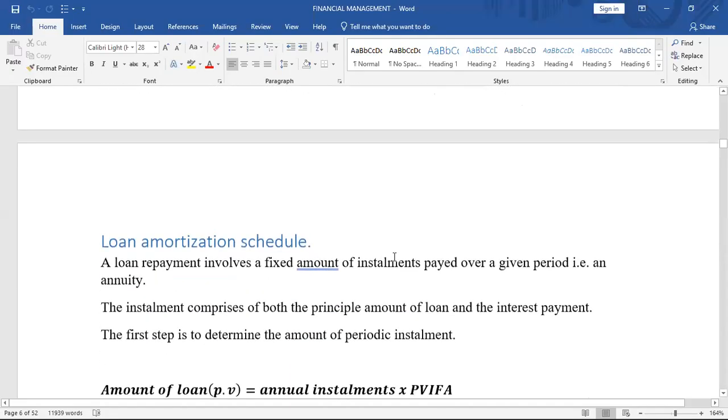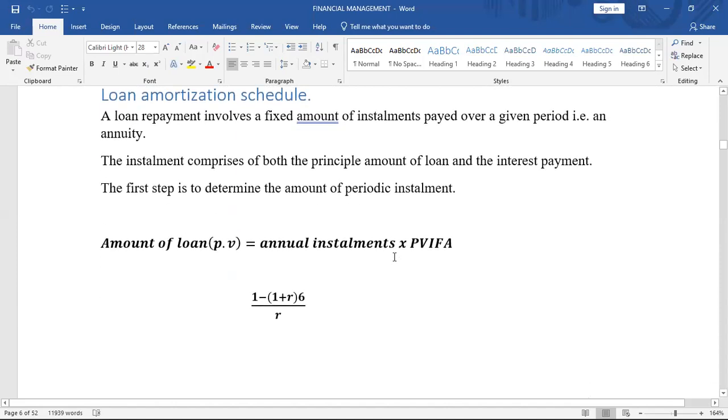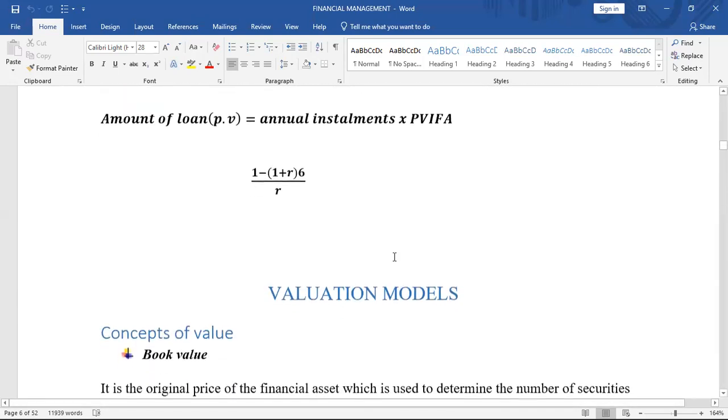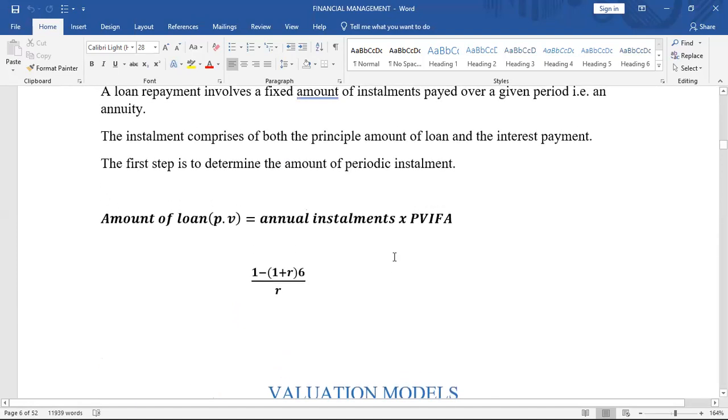So from there, I just want to look at the loan amortization schedule. We have said a loan repayment involves a fixed amount of installment payable over a given period. That is an annuity. The installment comprises both the principal amount of the loan and the interest payment. So the first step when you're calculating the loan amortization schedule should be the determination of the periodic installments.